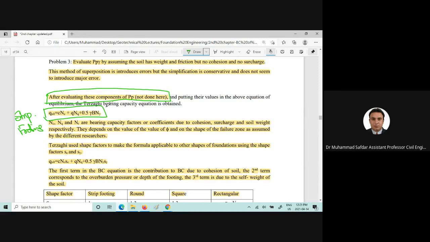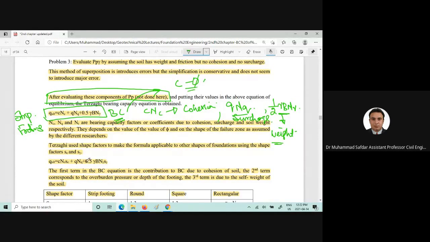which will consider C and Nc, which is related to the cohesion of the soil, Q and Nq, which is related to the surcharge of the soil which is acted on top of the soil, and also the weight of the soil will also contribute to the bearing capacity of C and phi soil.